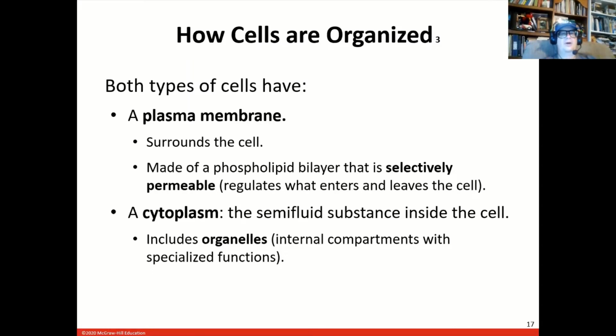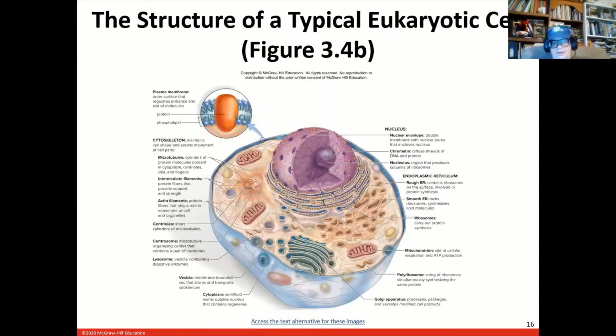In the same way, organelle is a mini organ, all right? A little organ. These are things inside the cell that have little jobs to do, just like the organs in your body have little jobs to do. I'm going to give you the most extreme example. If we look right here, where was it?